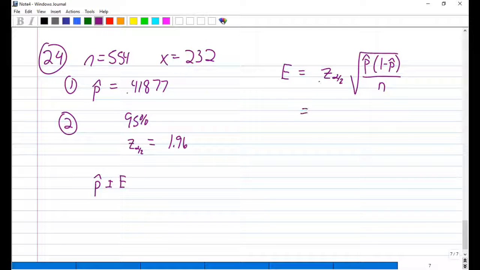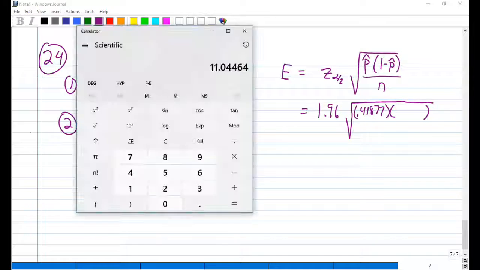Okay, and I know what my critical z-score is for a 95% confidence interval. It's 1.96 times the square root of, all right, I'm going to substitute that in. I'm going to plug that in and go out to 5 places there, and then I have to put 1 minus p hat. So you do that in the calculator. Let's do that real quick. So 1 minus 0.41877 is 0.58123.